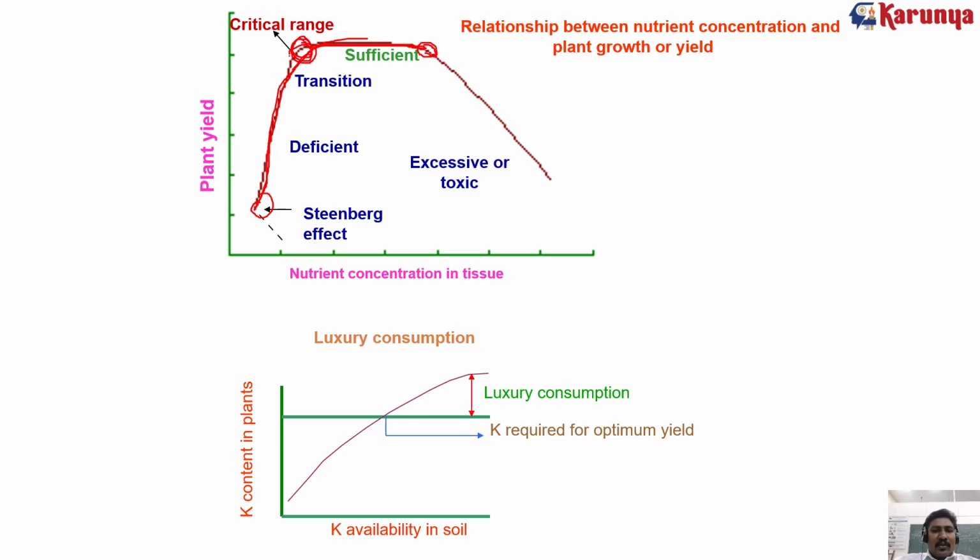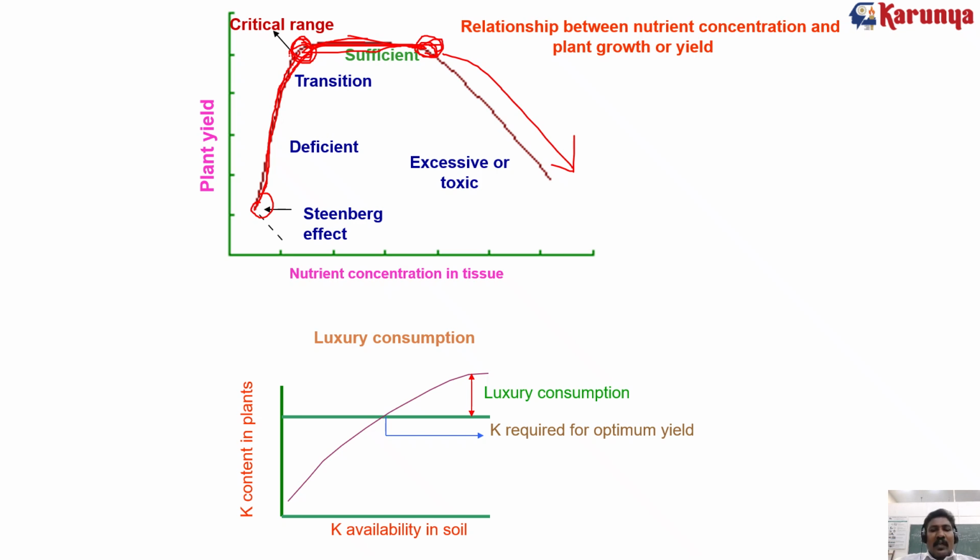Once the critical nutrient level is crossed, the plant will show the desired or required yield. When the plant is struggling below the critical nutrient concentration, it will definitely show deficiency symptoms. At the same time, when the nutrient is taken up by the crops in a higher concentration, it will also cause a reduction in yield due to toxicity of the element.